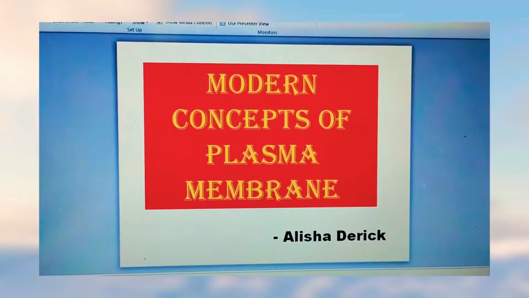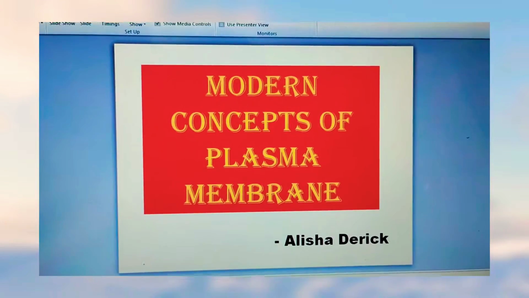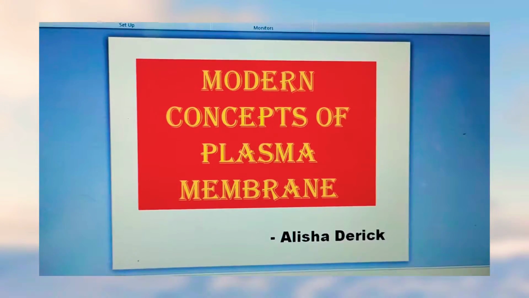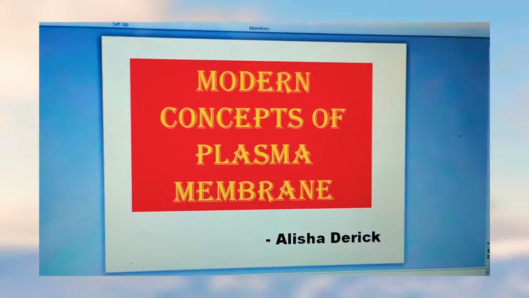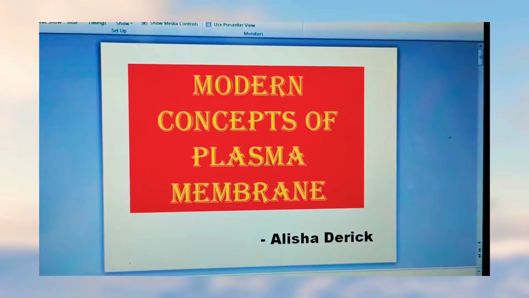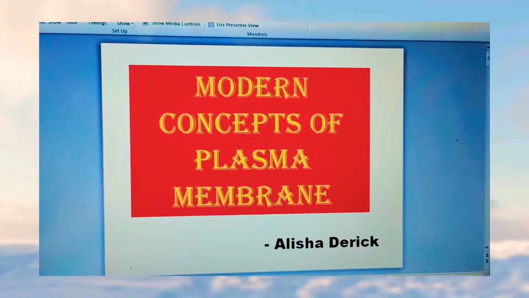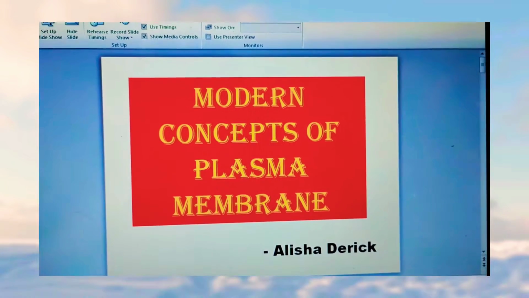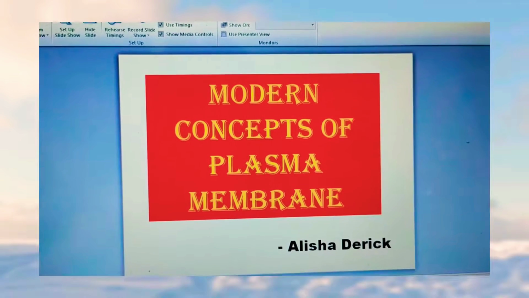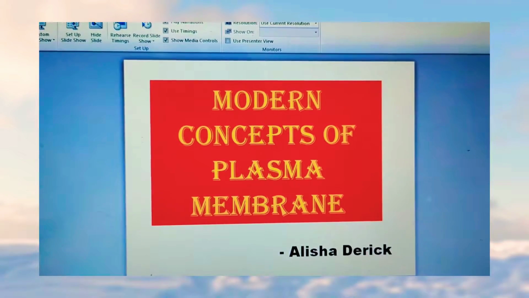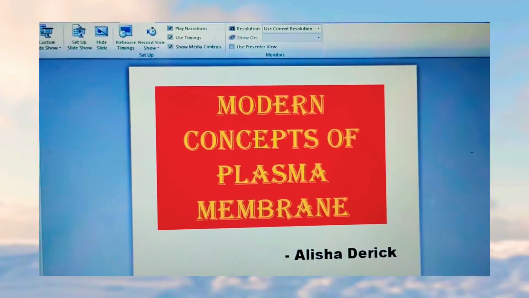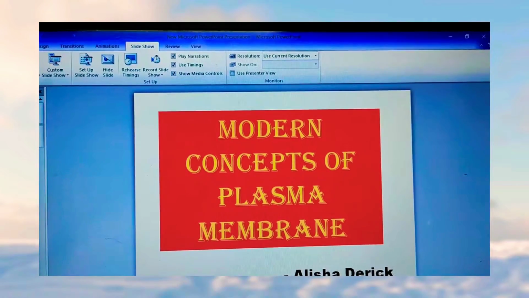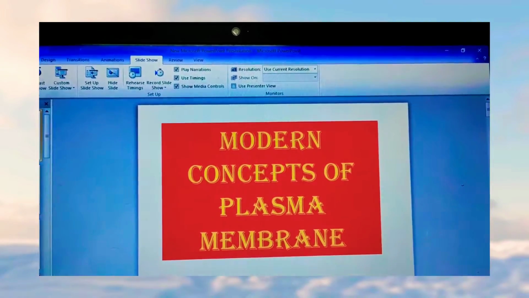Today's topic is the modern concept of plasma membrane. Let me tell you that this topic is very useful for those students who are doing the MSc course in life science, either botany or zoology, because this topic comes under cell biology, in which you will study the different types of cells, their physiology and different chemical compositions.